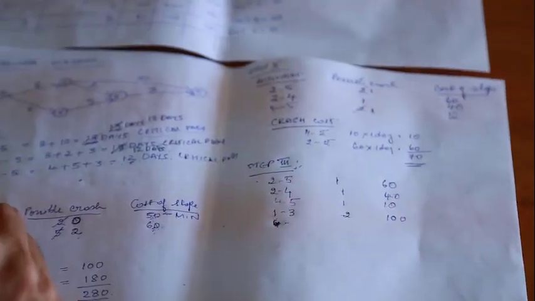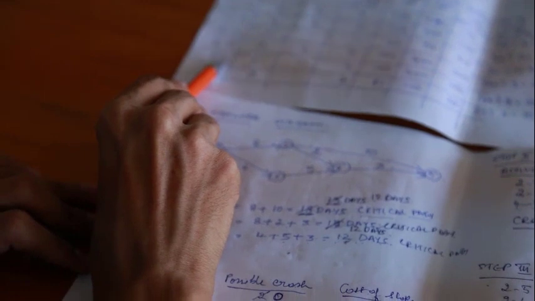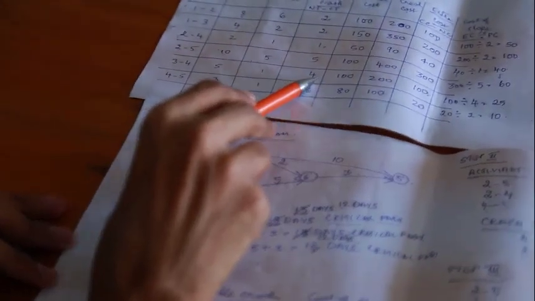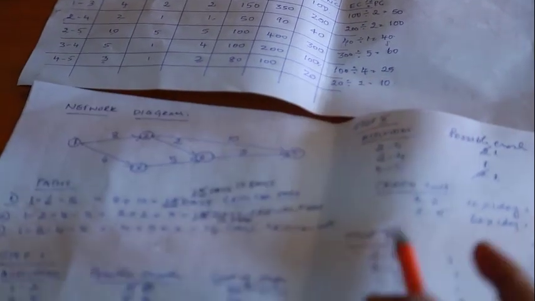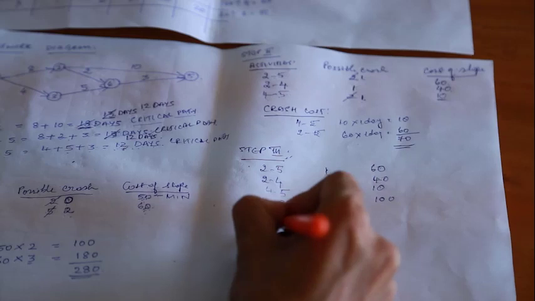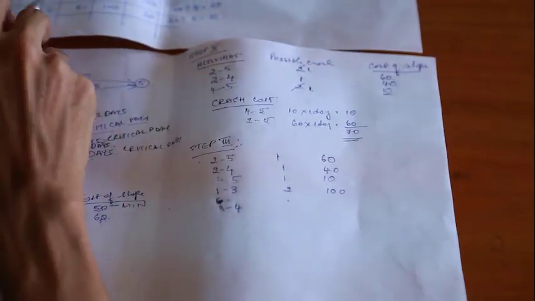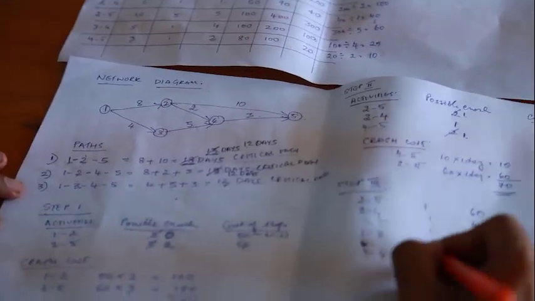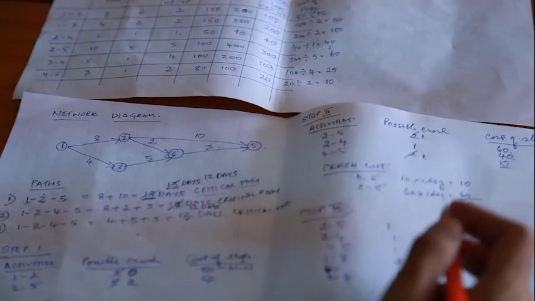Next, the next activity is 3 to 4. We'll have to see here 3 to 4. The possible crash is 4 and the cost of slope is 25. Let us write activity 3 to 4. The possible crash is 4 and cost of slope is 25.